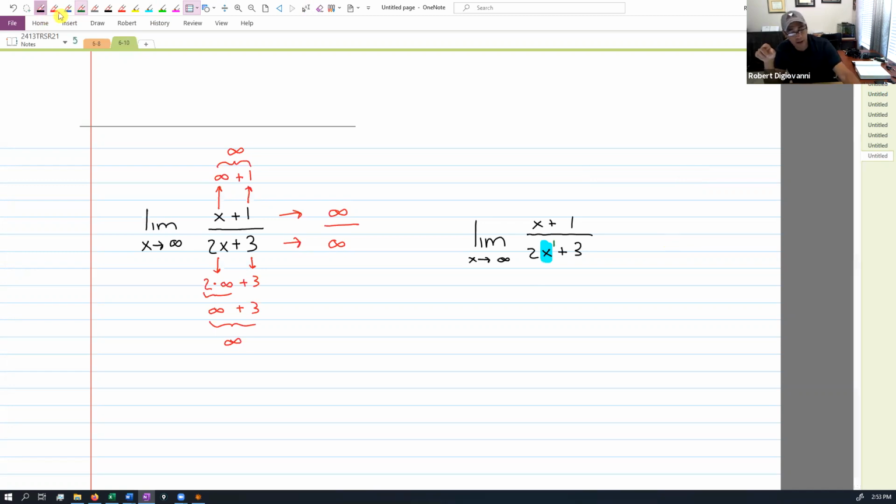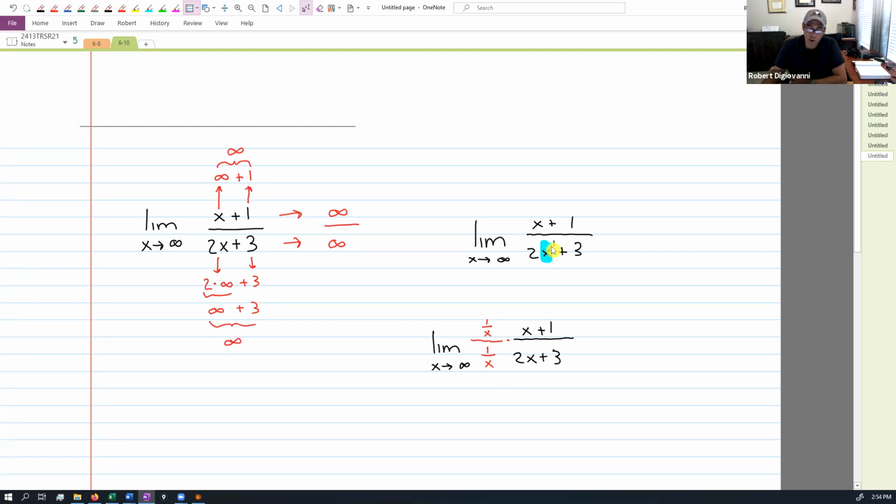So what I'm going to do now is something kind of tricky. I'm going to take this expression and introduce a 1 out front. The 1 that I'm going to introduce is 1 over X over 1 over X. The reason I'm using 1 over X is because this was an X to the first power.